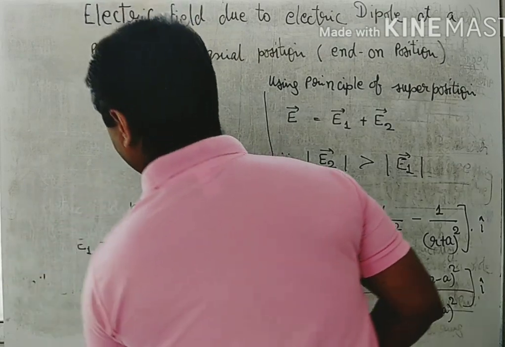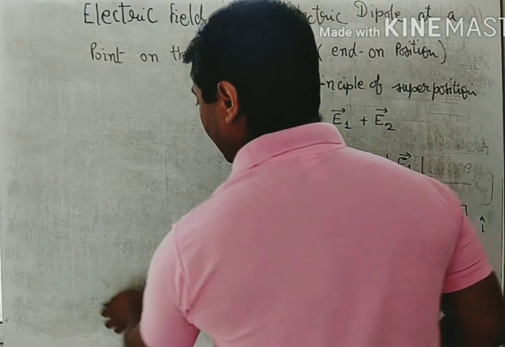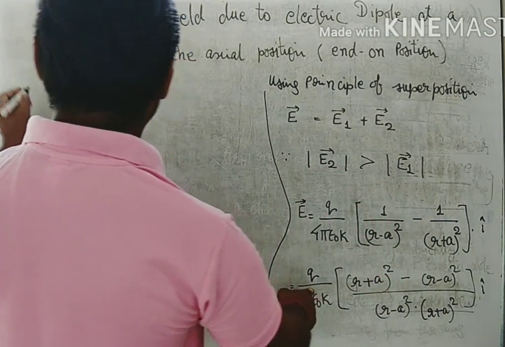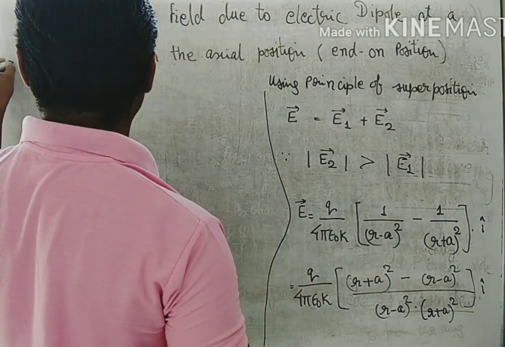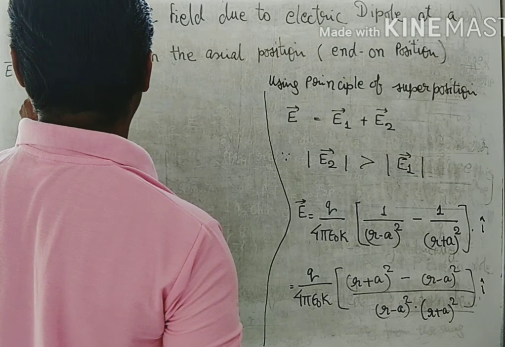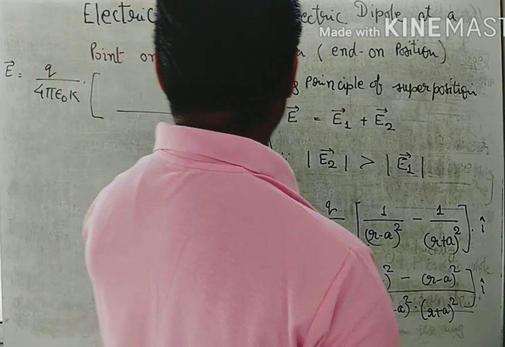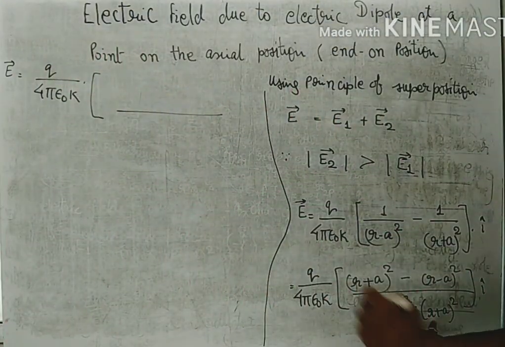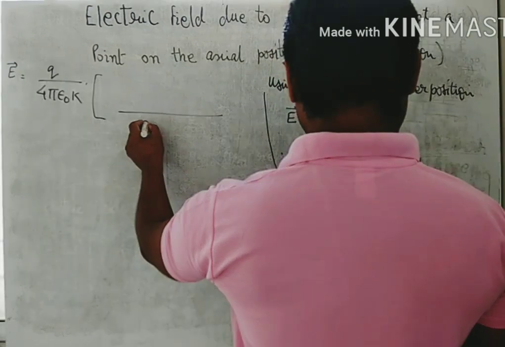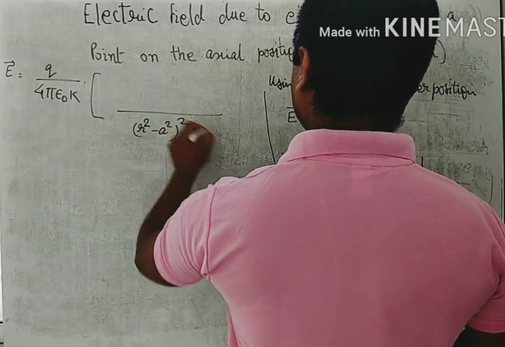Now for the simplification, vector E equals Q upon 4 pi epsilon naught k times, at the denominator we can write a square minus b square and its whole square.